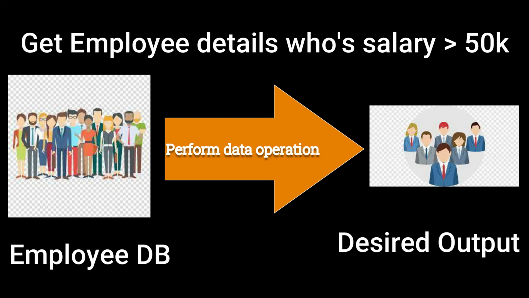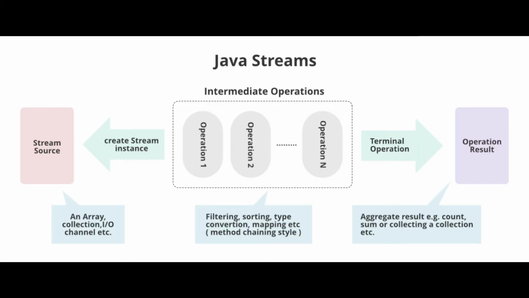In the shown image, you can get a better idea of how a Java stream actually works. Here we have three sections: the stream source, the operation, and the desired result. The stream source is where we get the data, from an array, collection or any IO channels.